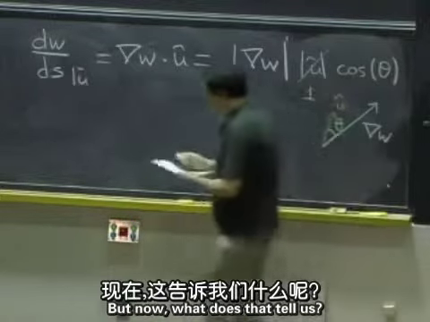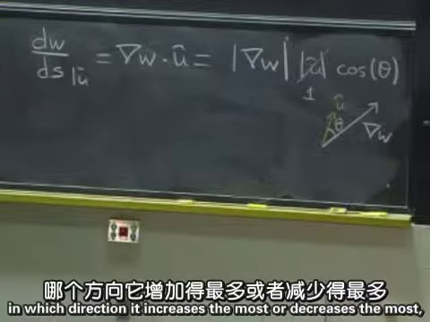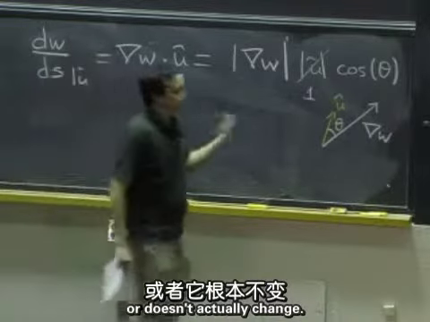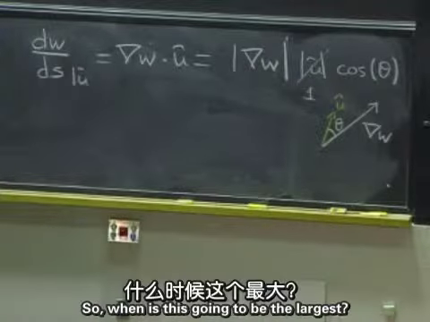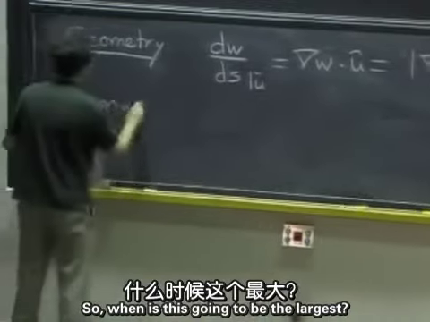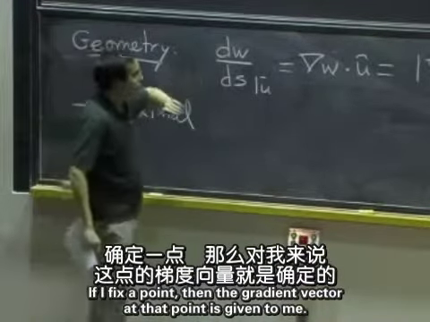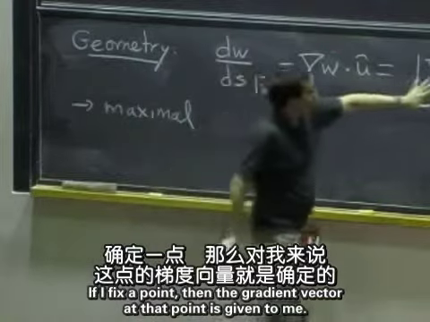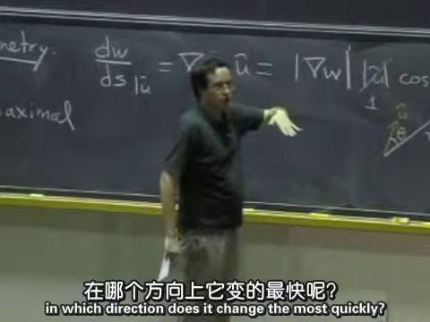But now, what does that tell us? Well, let's try to figure out in which directions w changes the fastest, in which direction it increases the most, or decreases the most, or doesn't actually change. So when is this going to be the largest? If I set a point, then the gradient vector at that point is given to me. But the question is, in which direction does it change the most quickly?